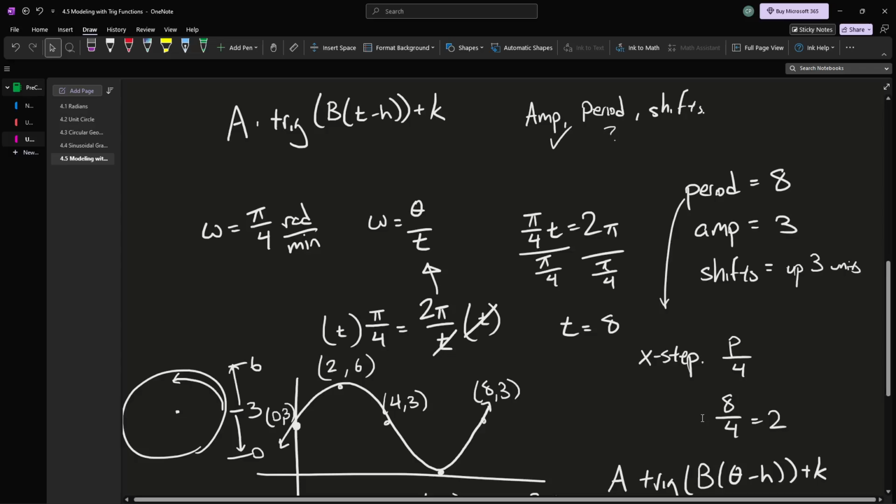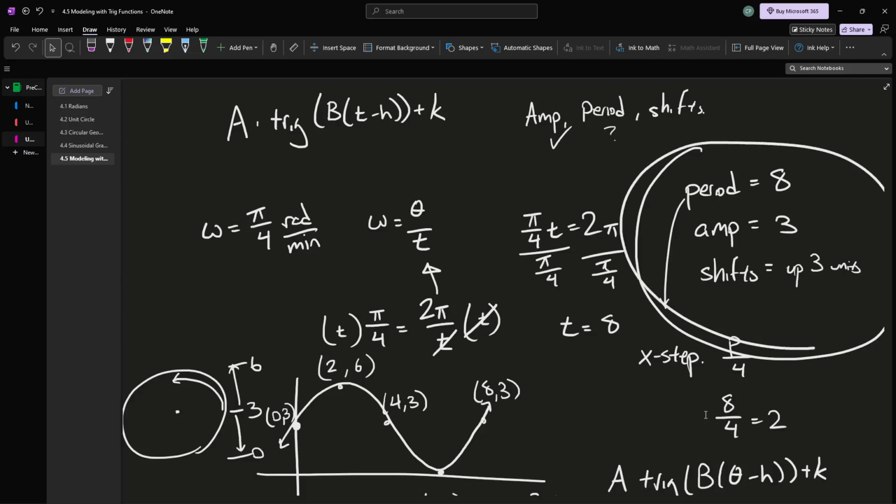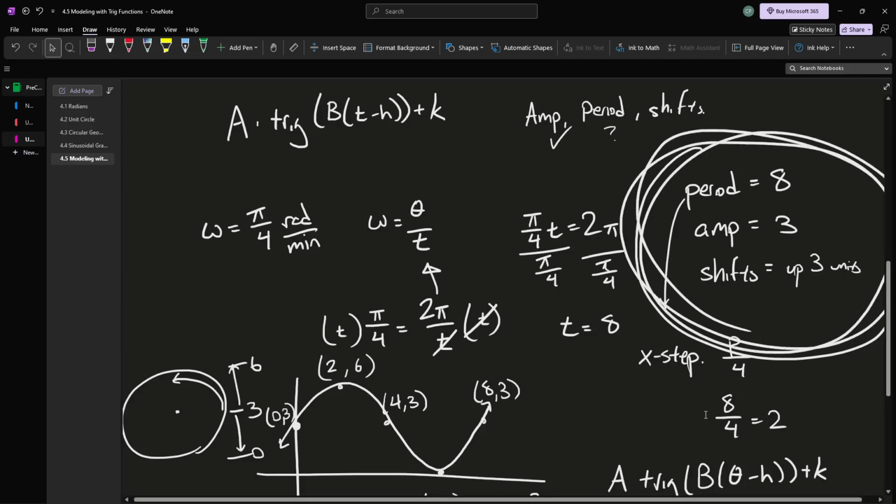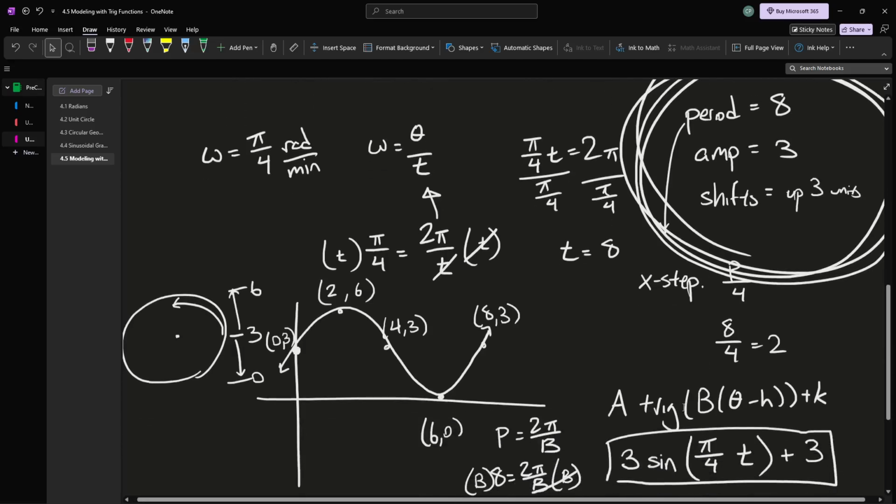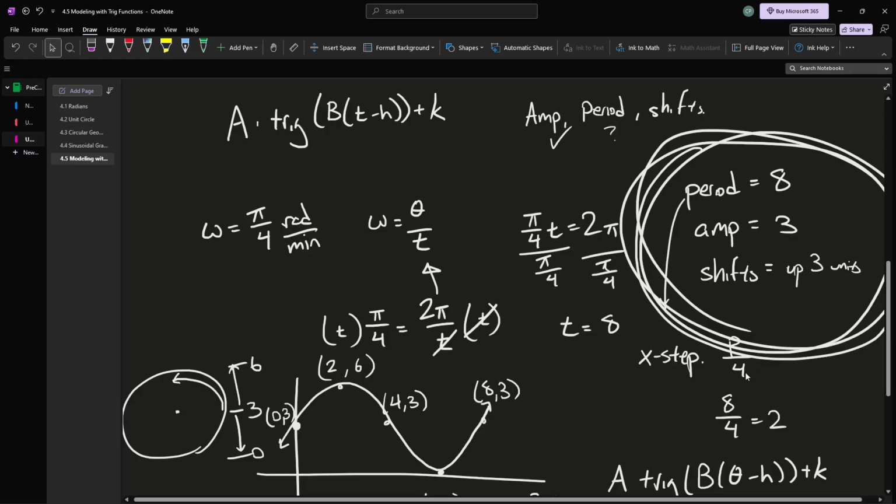There's a lot going on, but ultimately what I have circled right here is all you need to go to the graph and also to the equation: the period, amplitude, shifts, and which one it is, sine or cosine, like where you're starting.